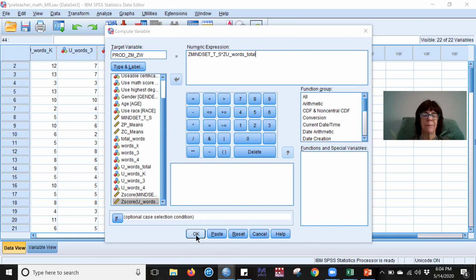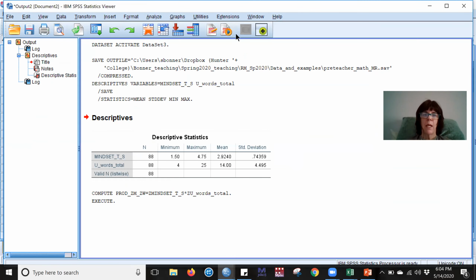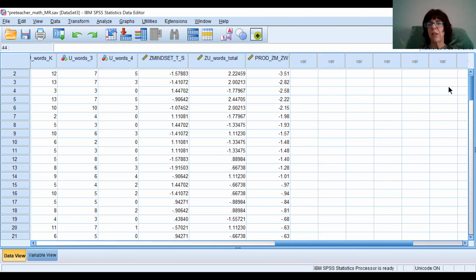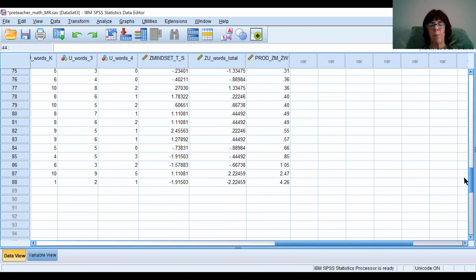So we'll run that and look at the data again, and you'll see these values. What you'll notice about these values is that some of them are negative and some of them are positive. I actually had these values sorted.